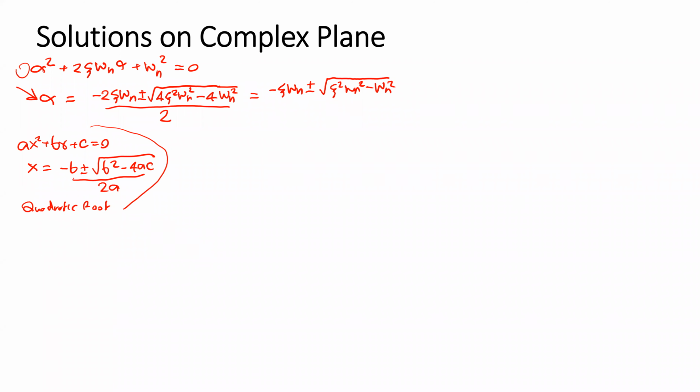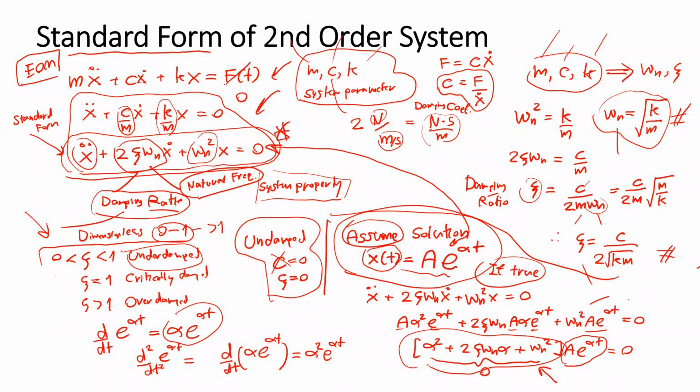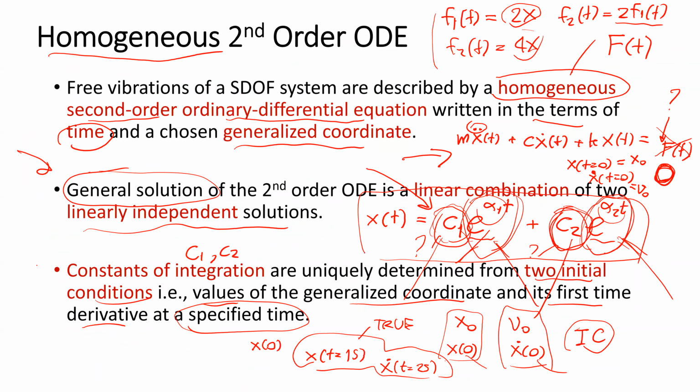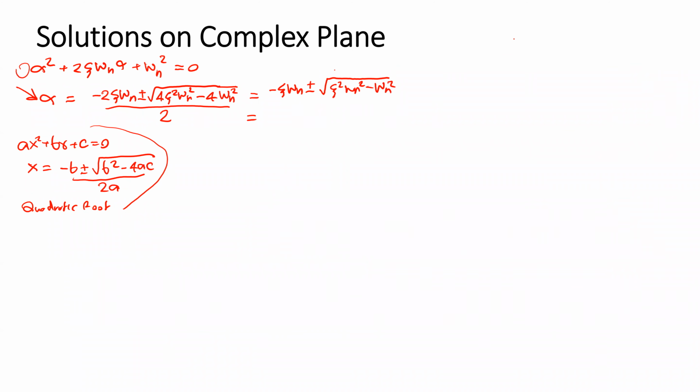But I don't like this term, because we know that mainly the damping ratio is between 0 and 1. So if the damping ratio is mainly between 0 and 1, and we just leave it in this form, the value inside the square root is mostly going to be less than 0.